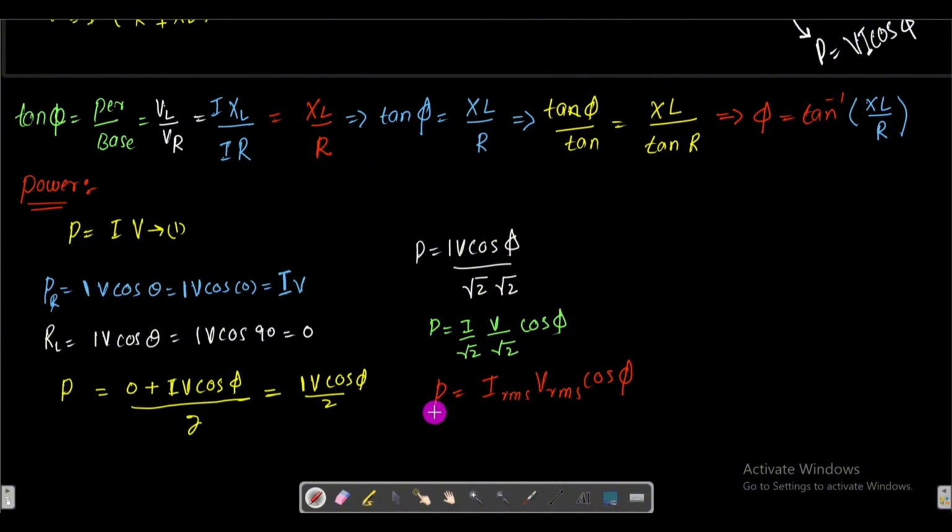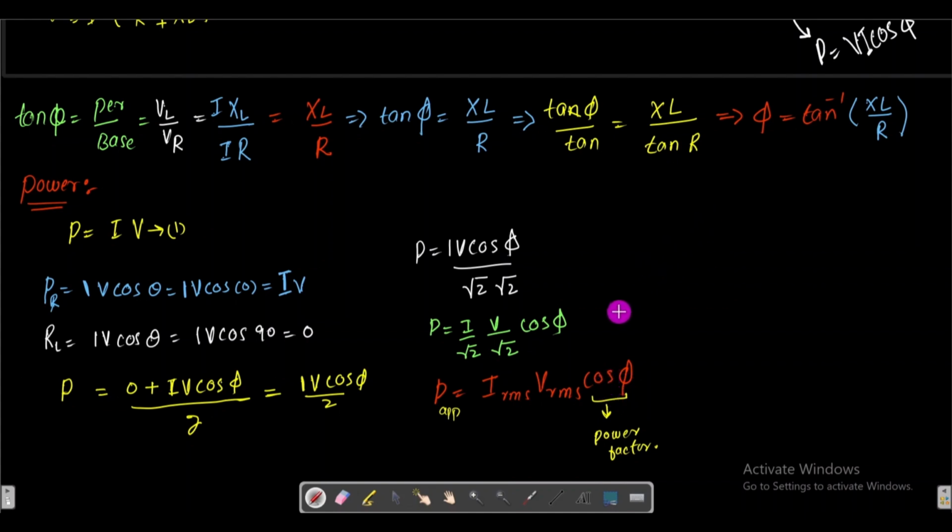Okay, that apparent power is equal to IRMS and VRMS into cos phi. Here this cos phi is called the power factor.